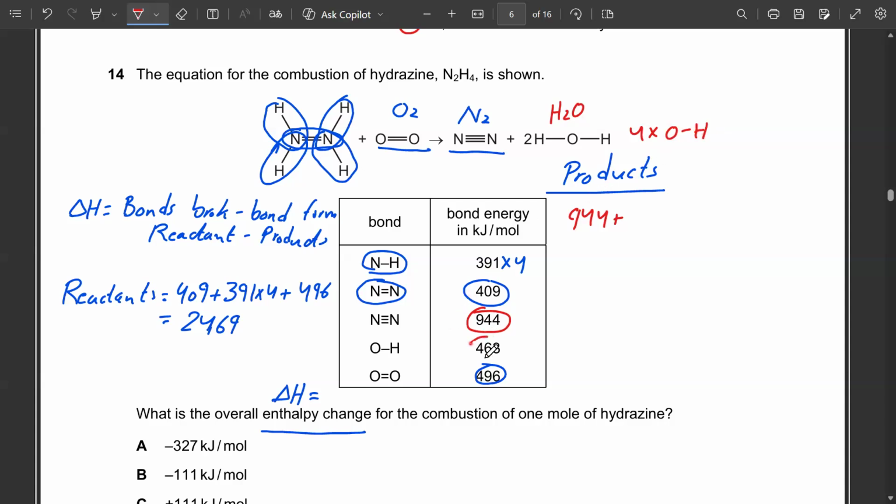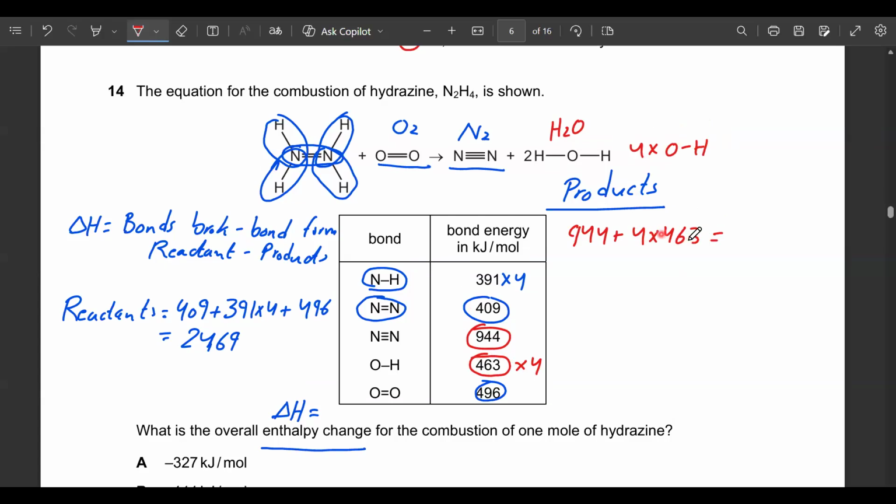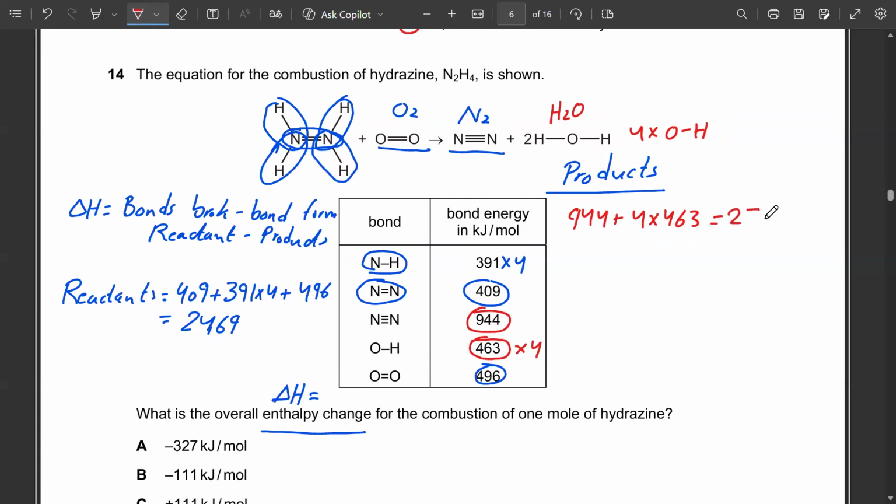So OH bond is given 463, so multiply this value with 4. So we have 4 times 463. The value of this side is equivalent to 2796. I hope you are all also getting the same value.